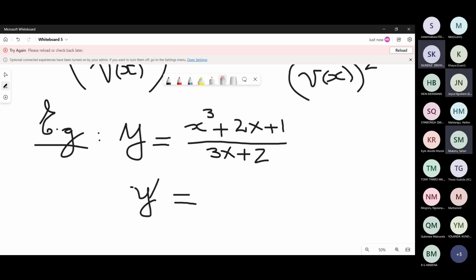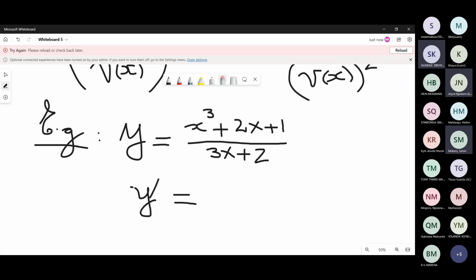We take this as u, and the derivative will be 3x squared, so that is u prime, plus 2, multiplied by v, and v is 3x plus 2, without changing anything.